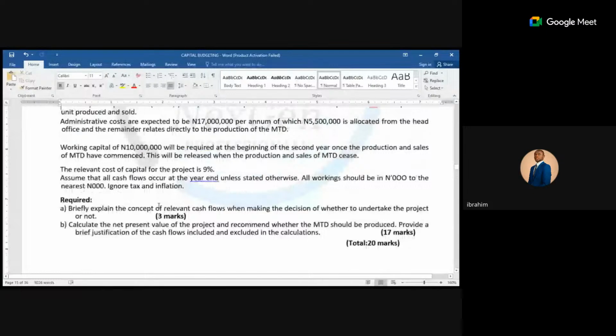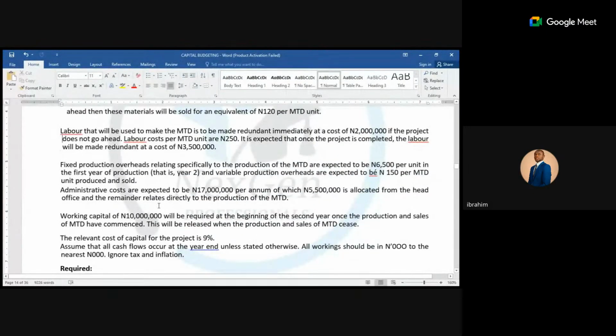Okay. Labor. Labor that will be used to make the MTD is to be made redundant immediately at a cost of 2 million if the project does not go ahead, meaning that they have to pay a redundancy fee of 2 million. Meaning that if they don't want to embark on this project, they have to pay 2 million.